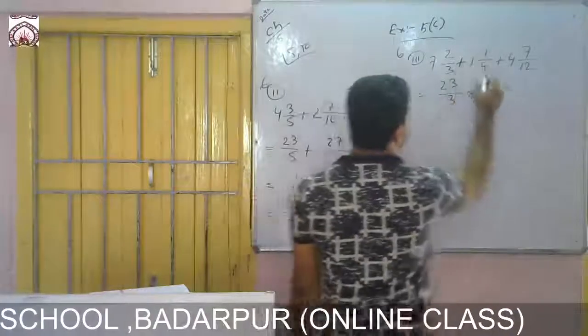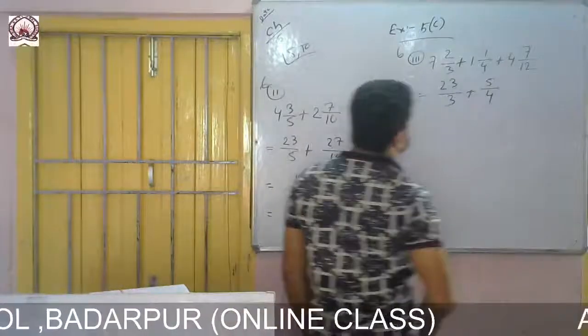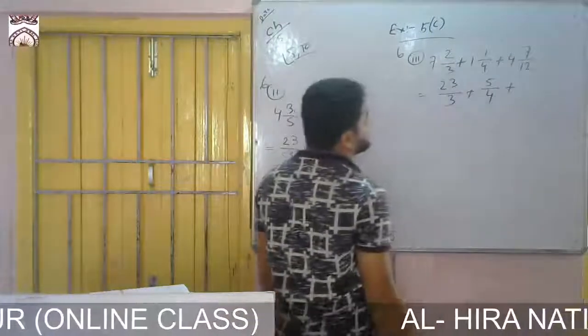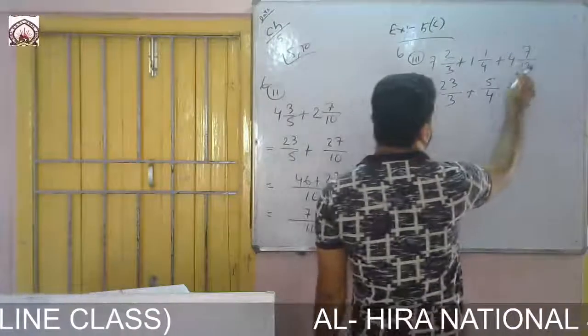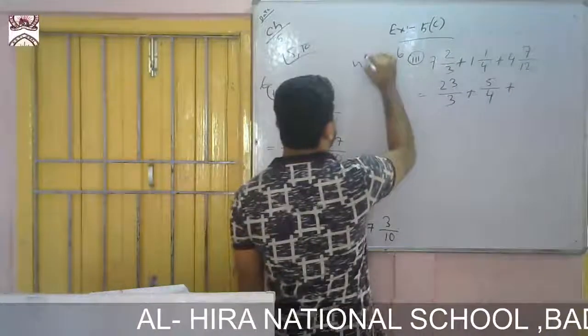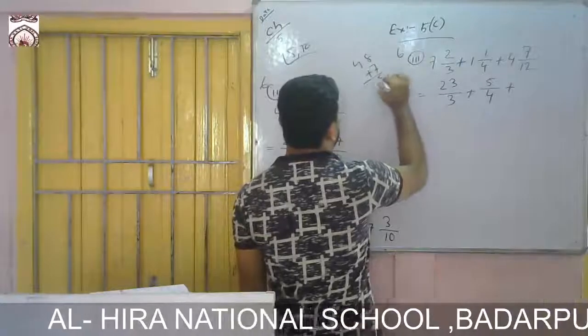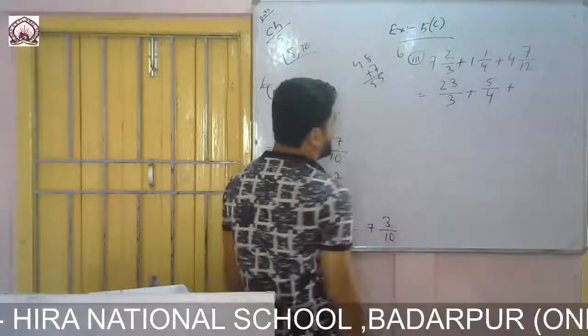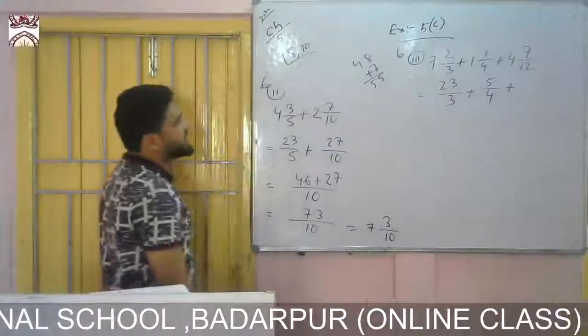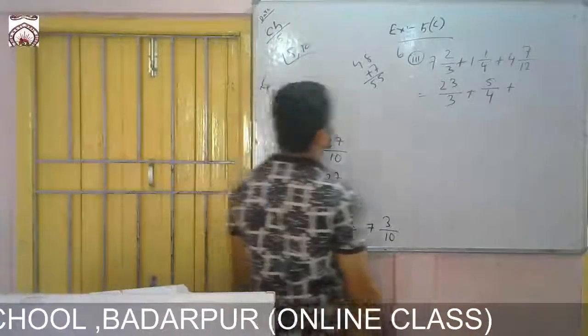Plus 4 1s are 4 and 1, 5. The numerator, 5 by 4 plus 4 12s are 48, 48 plus 7 is 55. 55 by 12.